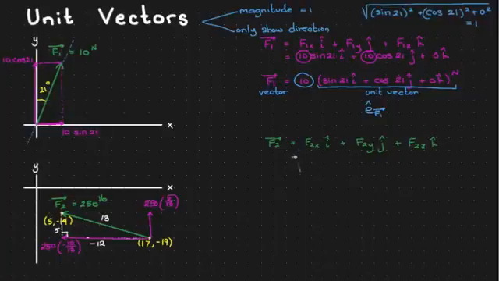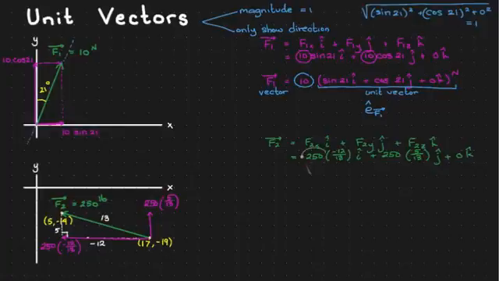f2x, that was 250 times negative 12/13. I'm going to have to associate that with the i hat, plus 250 times 5/13, and that is associated with the j hat, plus 0 k hat.